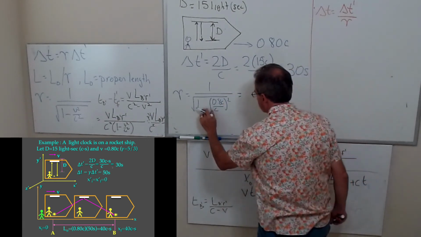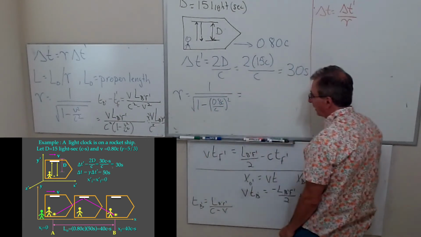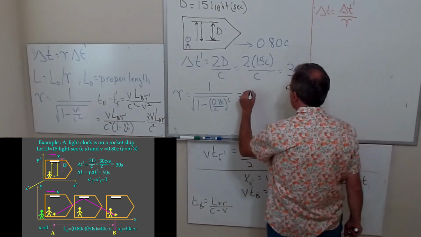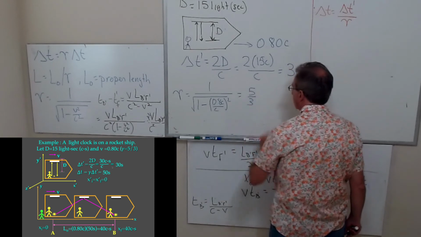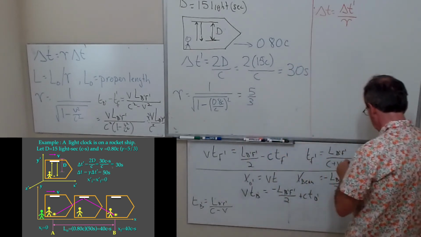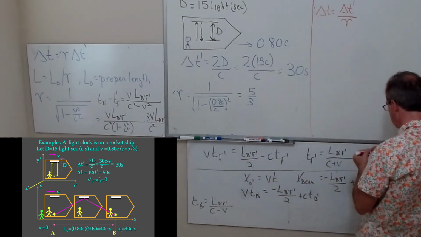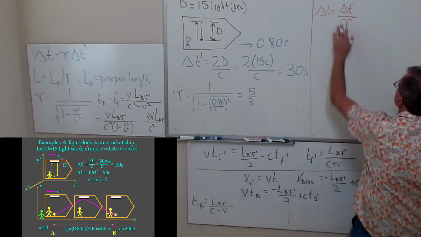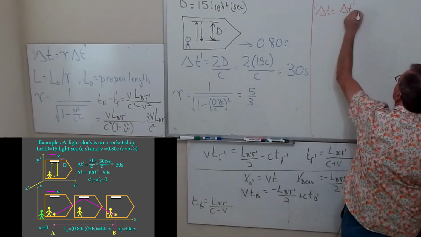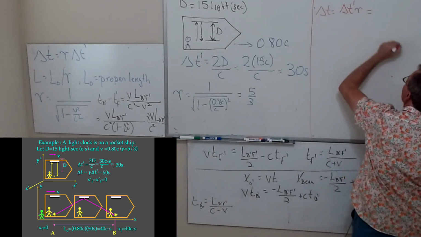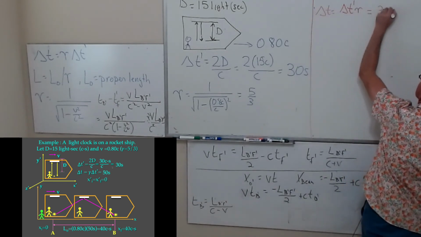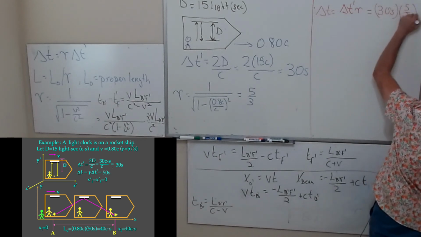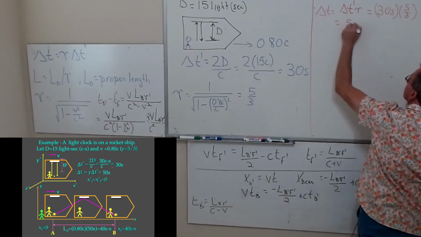And this comes out to about 5/3. So that ends up being 30 seconds times 5/3 equals 50 seconds.